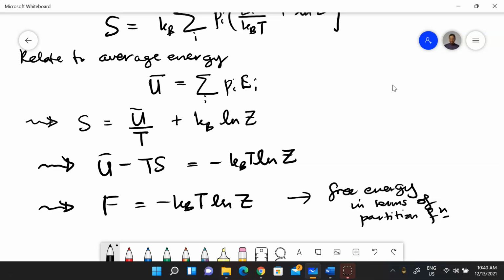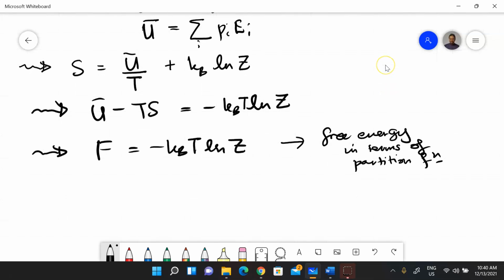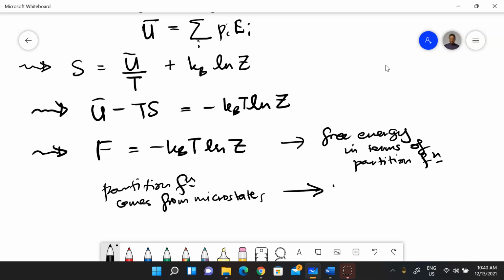And remember that free energy over here is a thermodynamical variable, and your partition function on the other hand comes from the microstates, and then it's related to this thermodynamical quantity.